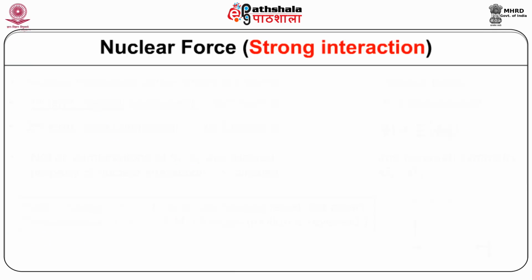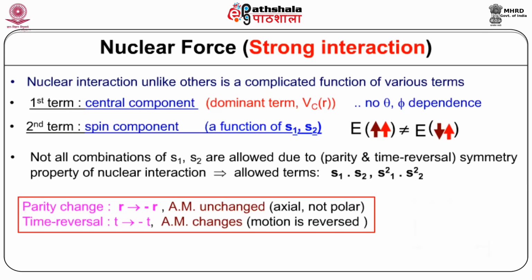Nuclear force, the strong interaction. Up to the previous slides we have learned that the deuteron has mixed components in the ground state, and the deuteron is a one neutron, one proton system. It is the simplest system. Going by that study, in this slide we are going to discuss the nature of the nuclear force.